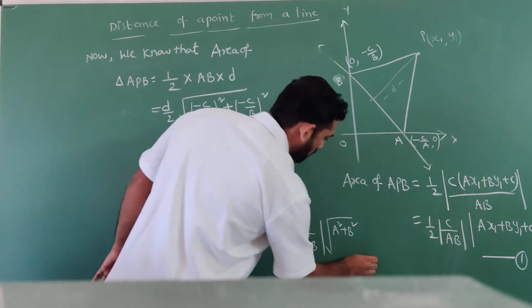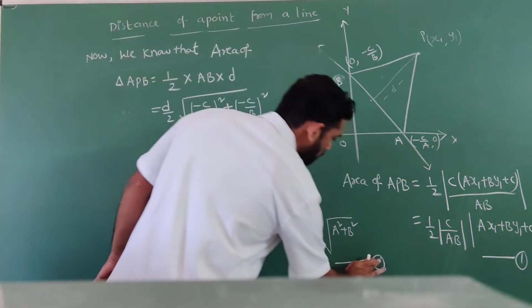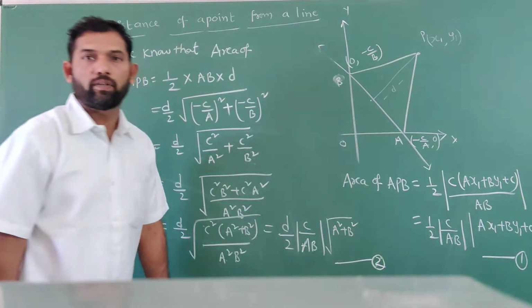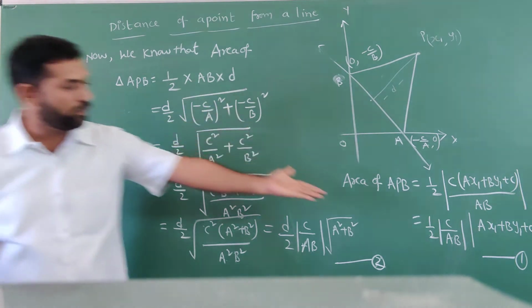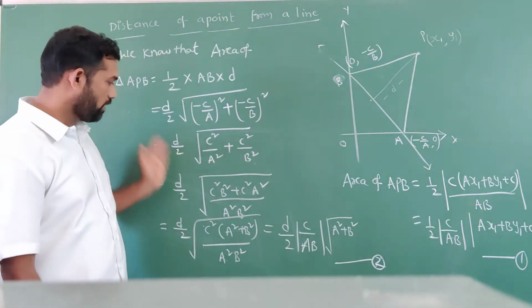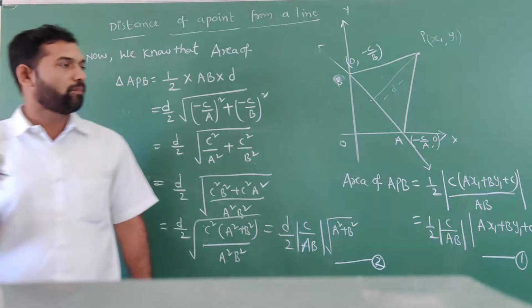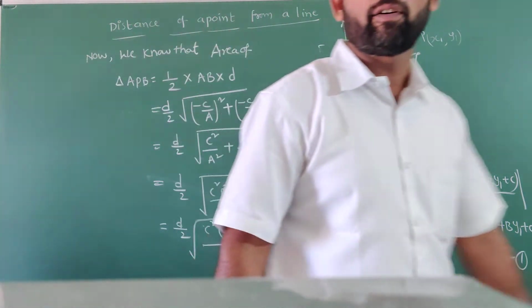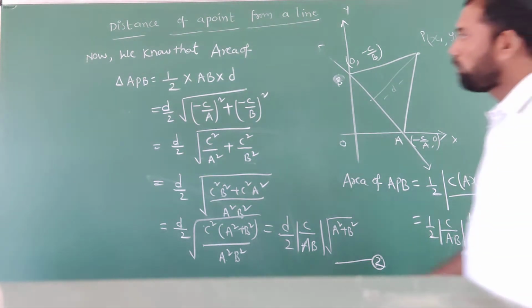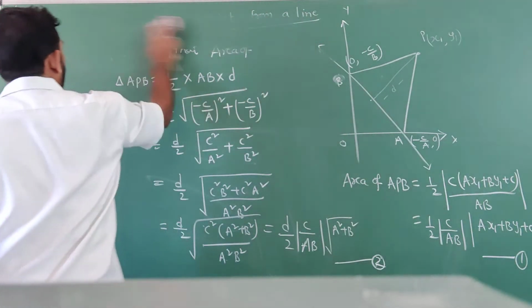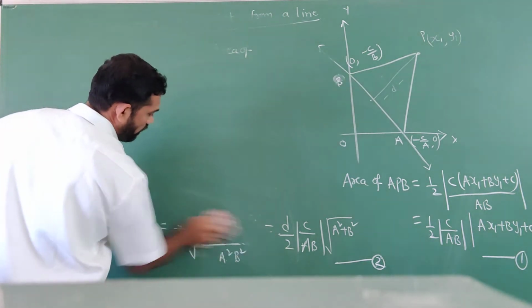This is equation number 2. So equation number 1 is this value, equation number 2 is this value. Both represent the area of the triangle only.